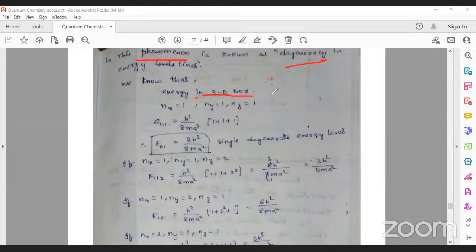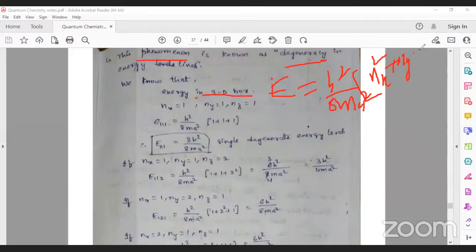E is equal to h square by 8ma square. This is the common factor. So what will be the variable? nx square plus ny square plus nz square.